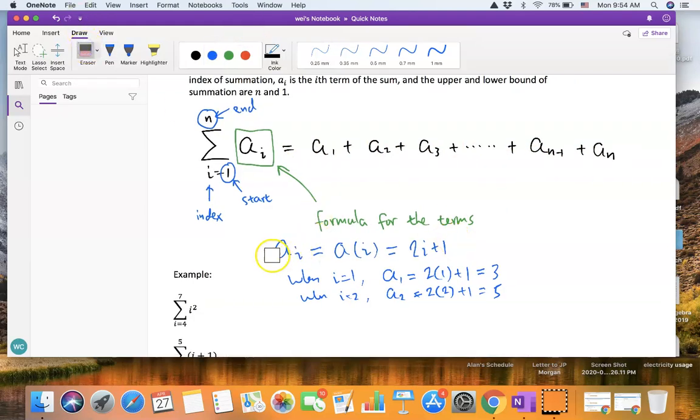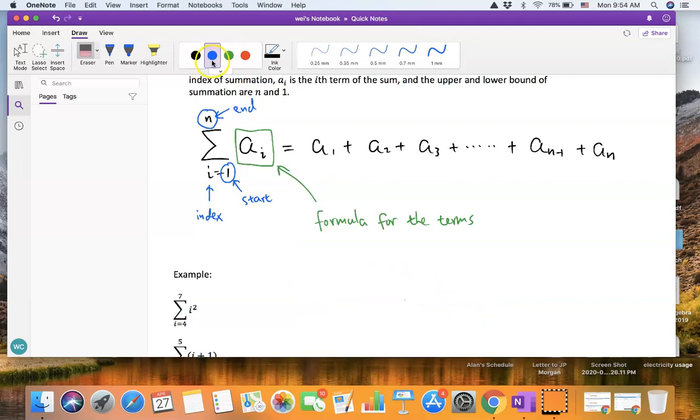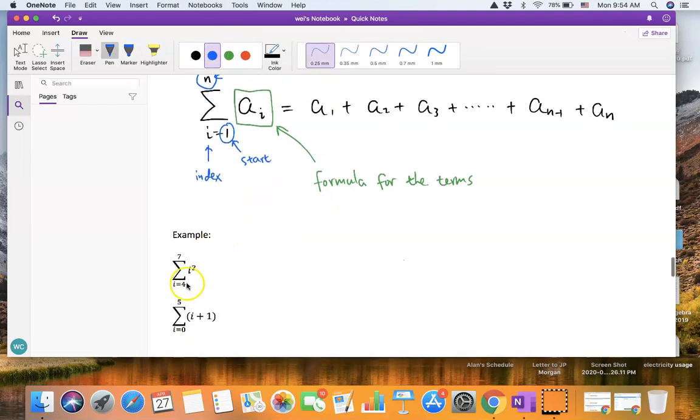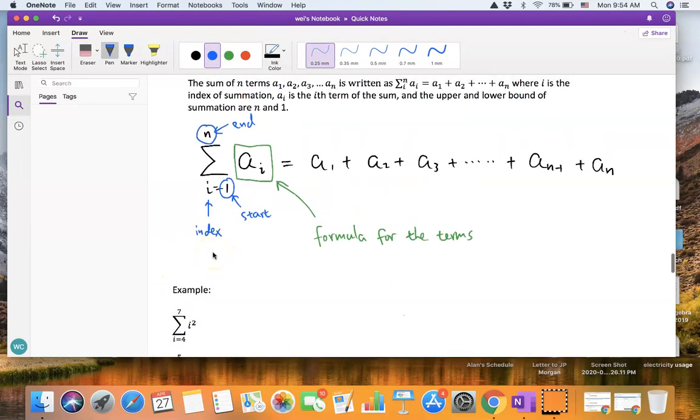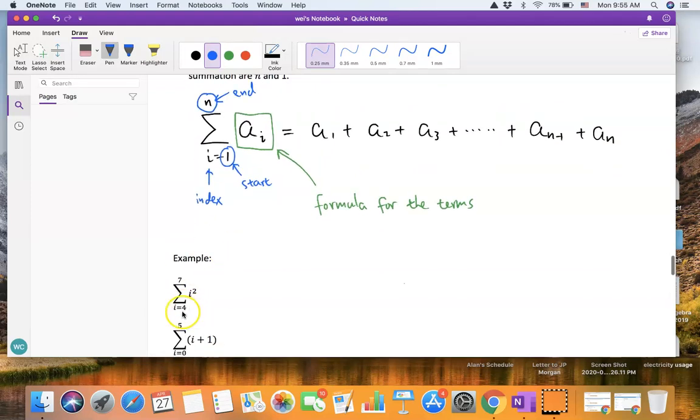Now after we see this, let's look at some examples. All right, so here we have this sigma notation, i is from 4 to 7, and i squared. So this i squared is the formula for a sub i.